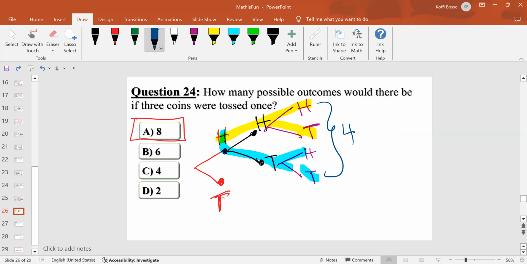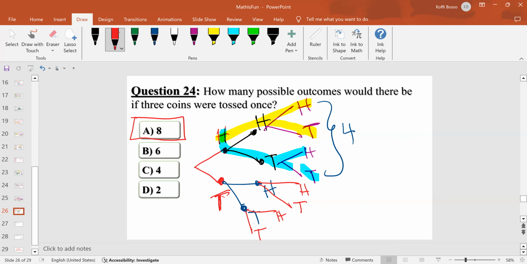But let's do that. So I can have a head, I can have a tail, or I can have this.